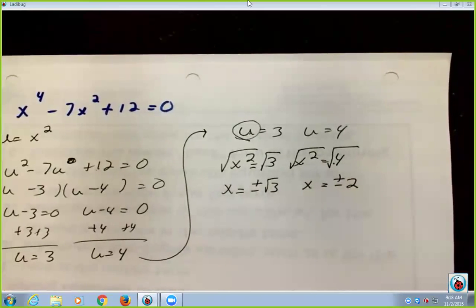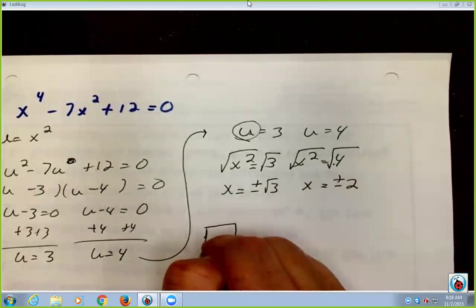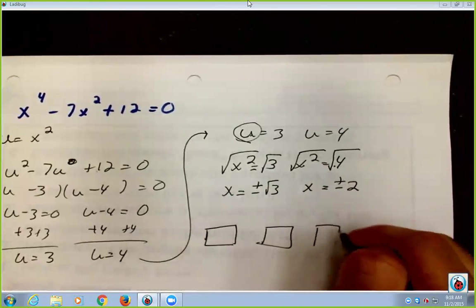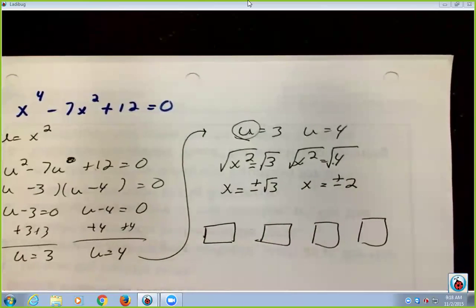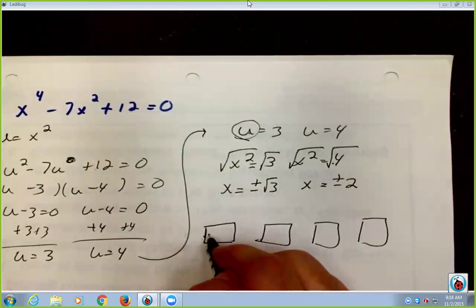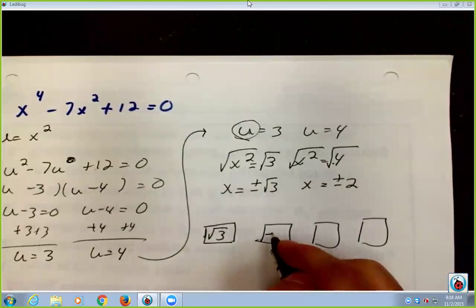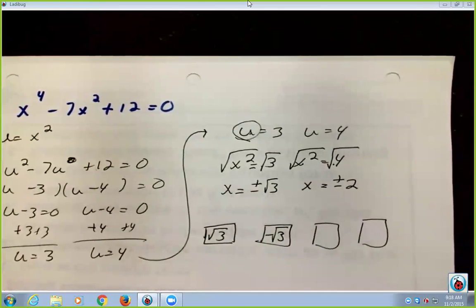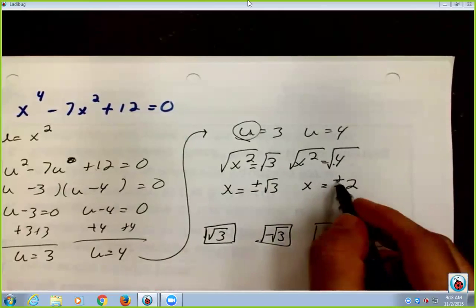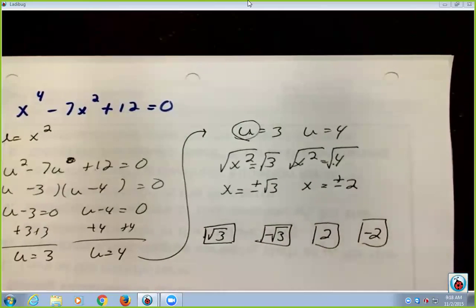Now, the thing about these is that you don't just have 2 answers, and when you see your answers pop up in Hawks, there may be 4 boxes there that we need to put answers into. One box would have the square root of 3. The other one would have the negative square root of 3. The third will have the positive 2, and the last one has a negative 2. So you've got 4 answers to this whole thing.